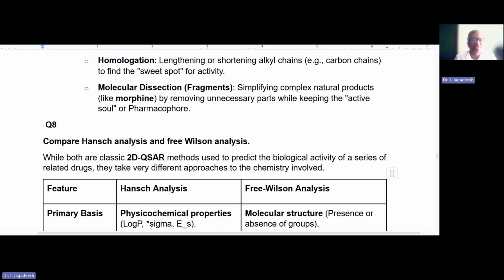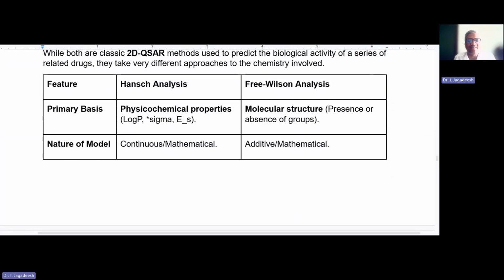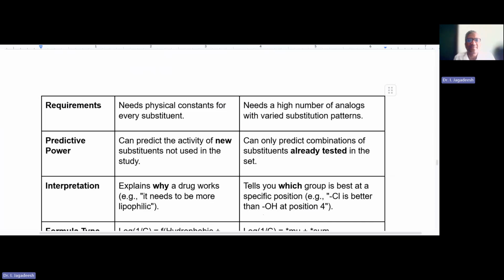Another question we got in the first session is the comparison of Hansch analysis and Free-Wilson analysis. Hansch analysis uses physicochemical properties, where we take the log P value, sigma values, and steric effect Es constants, whereas Free-Wilson analysis uses the molecular structure, the presence and absence of groups. Hansch analysis is continuous and mathematical, whereas Free-Wilson analysis is additive, and it can also be given mathematically as an equation. Hansch analysis needs the physical constant for every substituent and a high number of analogs with varied substitution patterns.